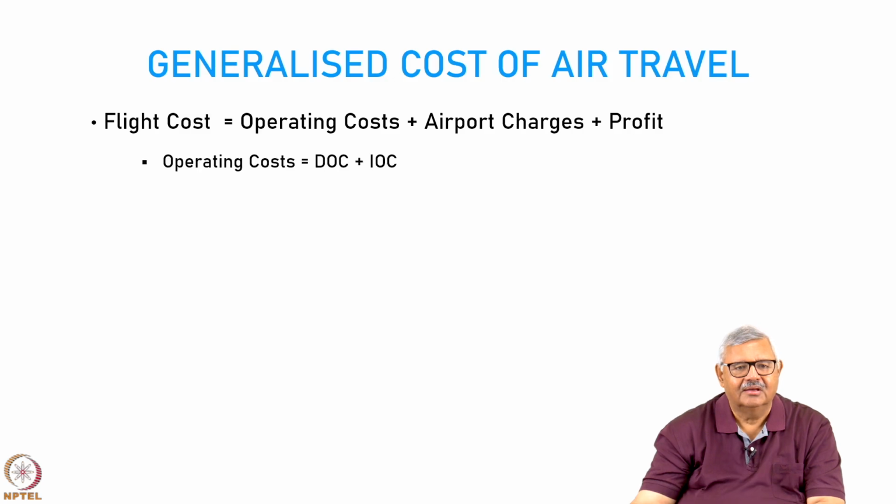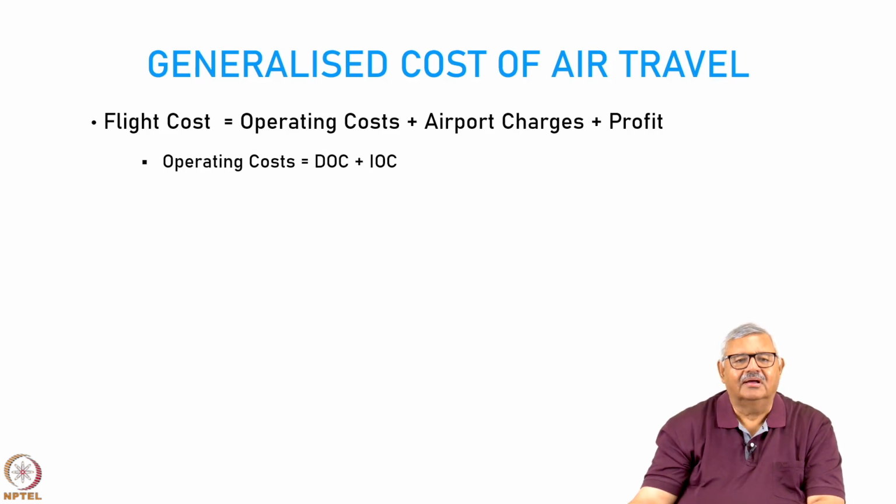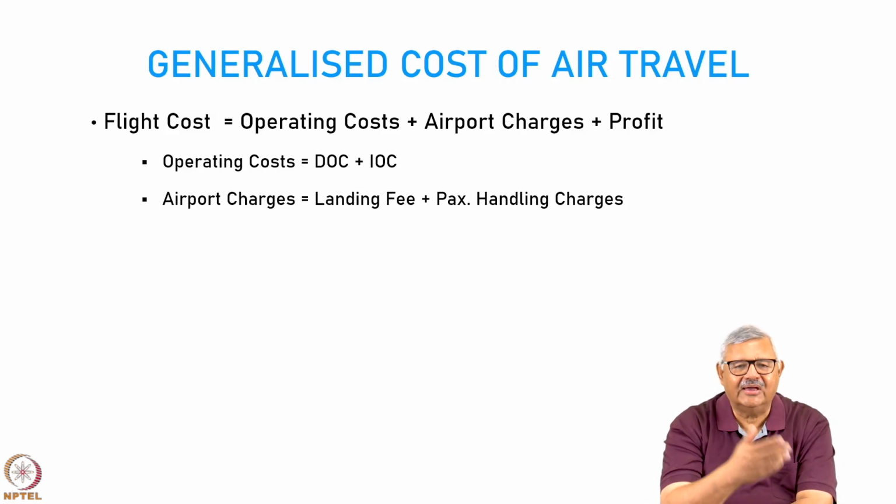Okay. Now, if we go deeper into operating costs, there are 2 components, the direct operating cost and the indirect operating cost. Now, if we look at the charges for the airport, at the airport you pay a landing fee and you pay passenger handling charges. Okay.